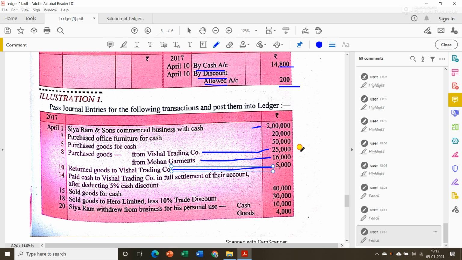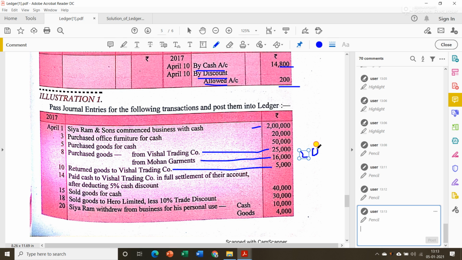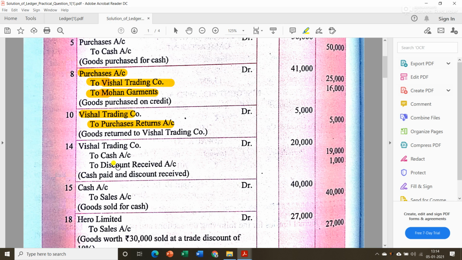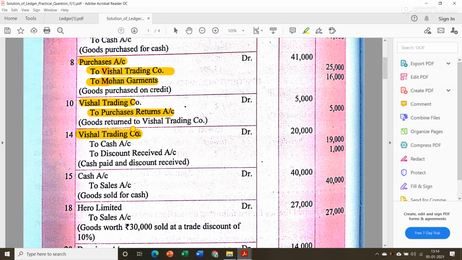That means we are now supposed to pay them 20,000, but we paid some amount after deducting 5% of cash discount. So 5% of 20,000 is nothing but 1,000.